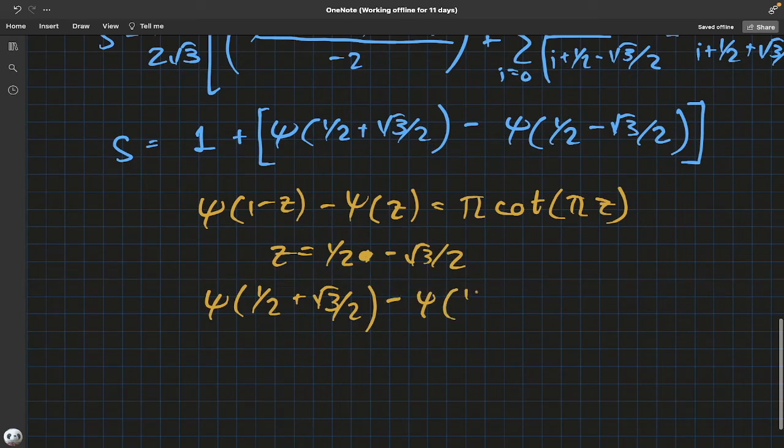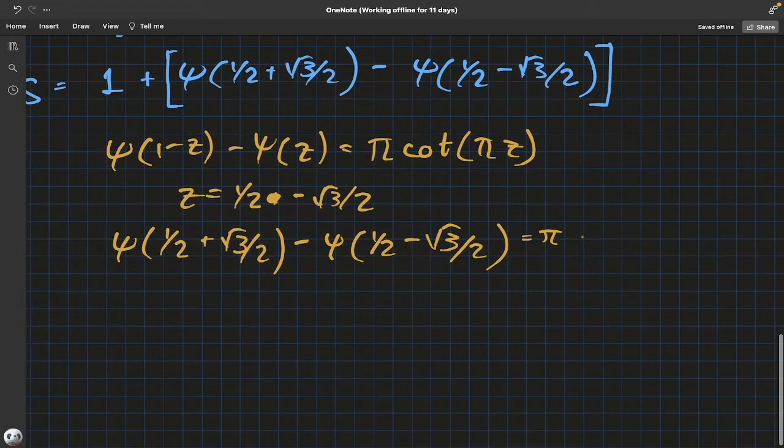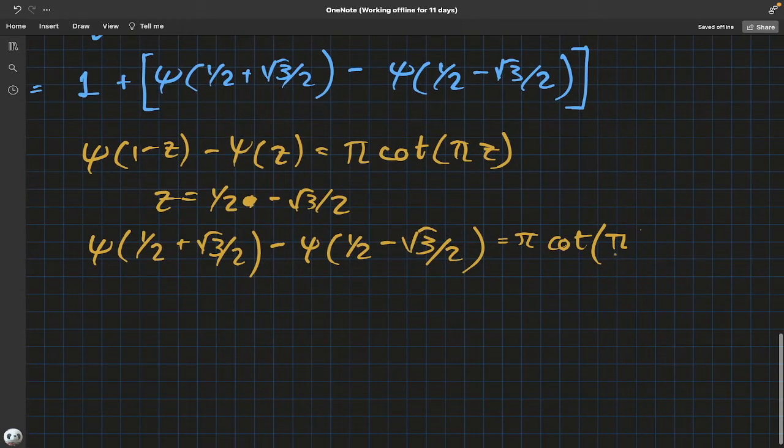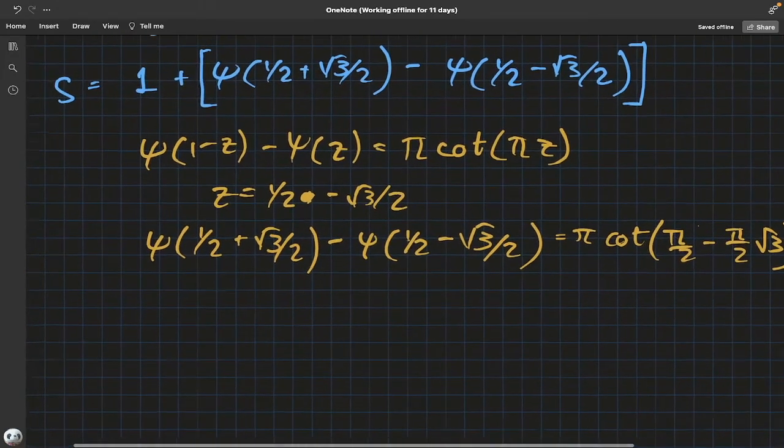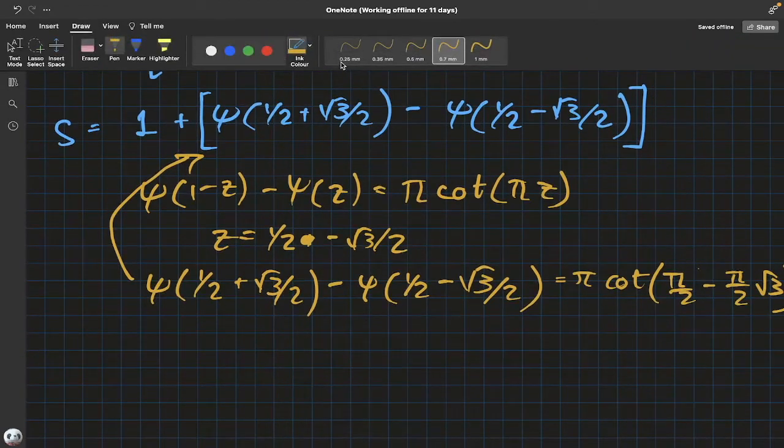So which means we can finally use the reflection formula after all. So it's pi times cotangent of whatever z was times pi, so that's pi over 2 minus pi over 2 root 3. And that's indeed what we have there. So let's just plug and chug. Everything's working in our way.